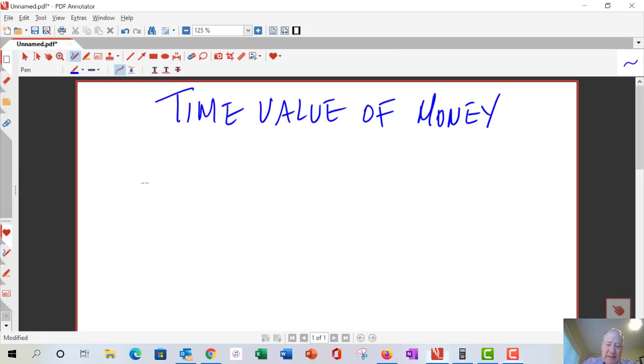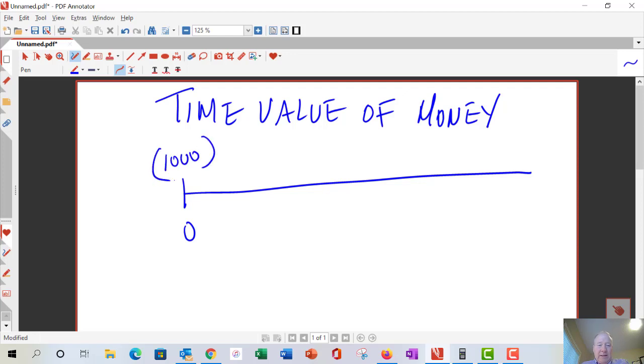So let's look at a timeline here. So we'll bring up a calculator here in a second. Okay, so today at time 0, we contribute $1,000 into a compounding account, and we collect 10% annual interest.